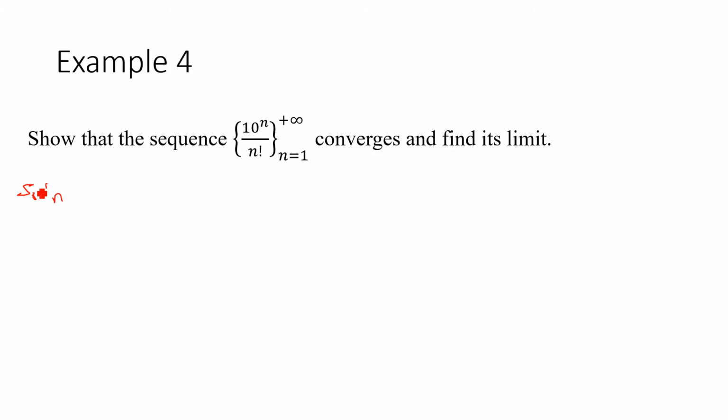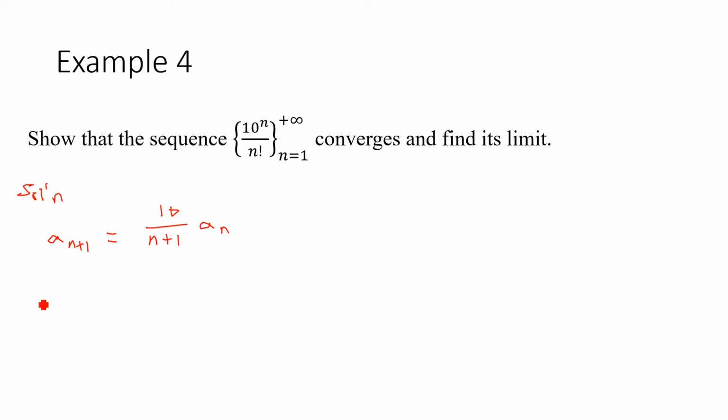So in this case, let's have the successive terms. We are going to use that a sub n plus 1 is equal to 10 over n plus 1 times a sub n. How come?